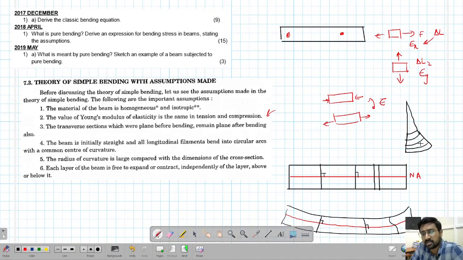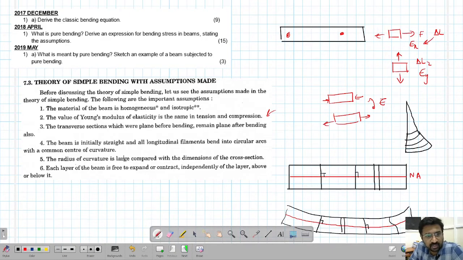So that is another assumption. Whatever bent shape is there, if you take a very small element, then all these small strips will bend and form a part of an arc of a circle. That is another assumption.